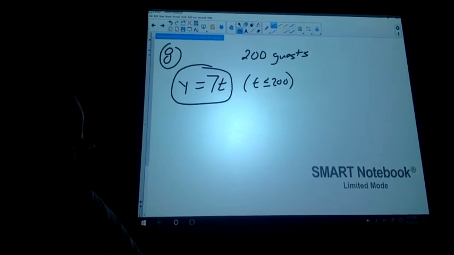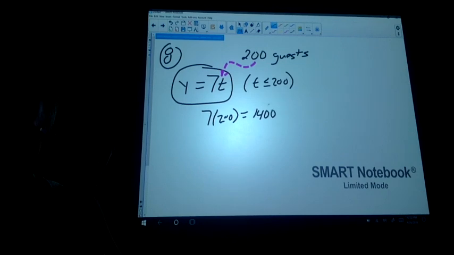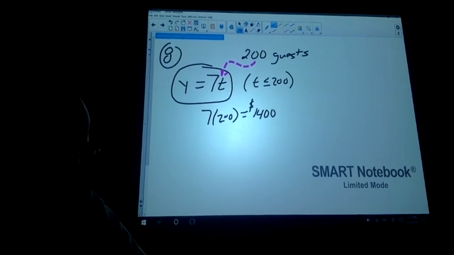And then determine the maximum amount of revenue. Oh, okay. So if I take the 200 and plug it in here, I have 200 guests that can do it. It looks like I can have a whopping $1,400 that I make.